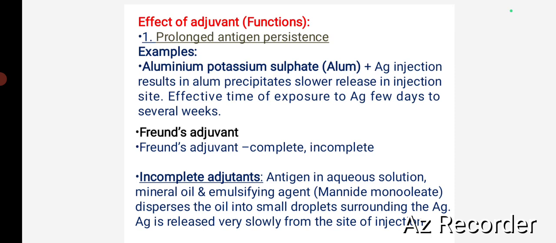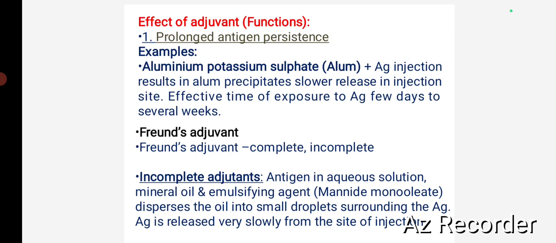Next one is Freund's adjuvant, of two types. One is complete Freund's adjuvant, another is incomplete Freund's adjuvant. First we will see about incomplete adjuvant. Antigen in aqueous solution, mineral oil and emulsifying agent.